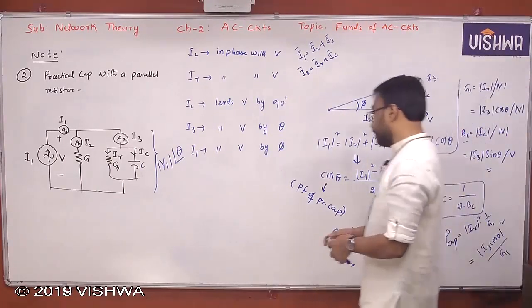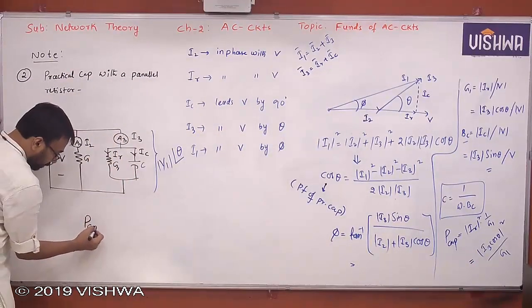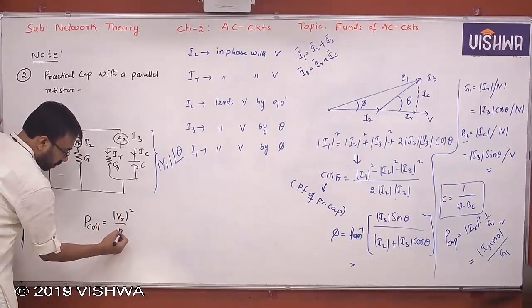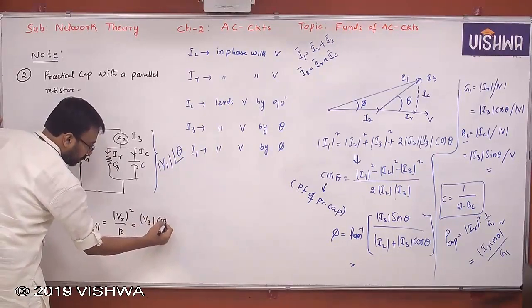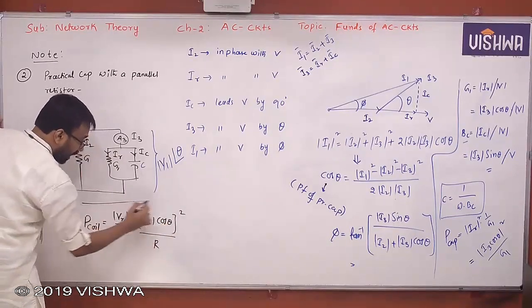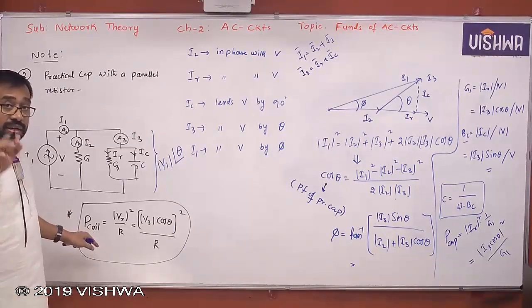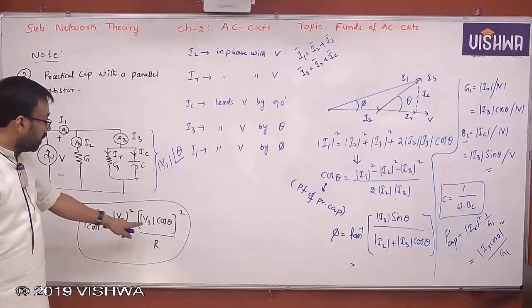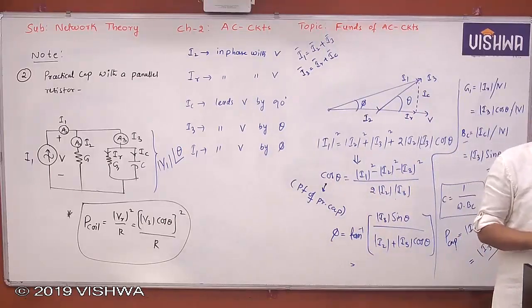Please note down in the previous case also, the power of the coil was VR square by R. But VR was V3 cos theta, so the power is V3 cos theta whole square by R. So please note this down in the previous one, the choke coil, at the end part: power of coil is nothing but VR square by R, that is V3 cos theta square by R. They are all very, very important to understand.